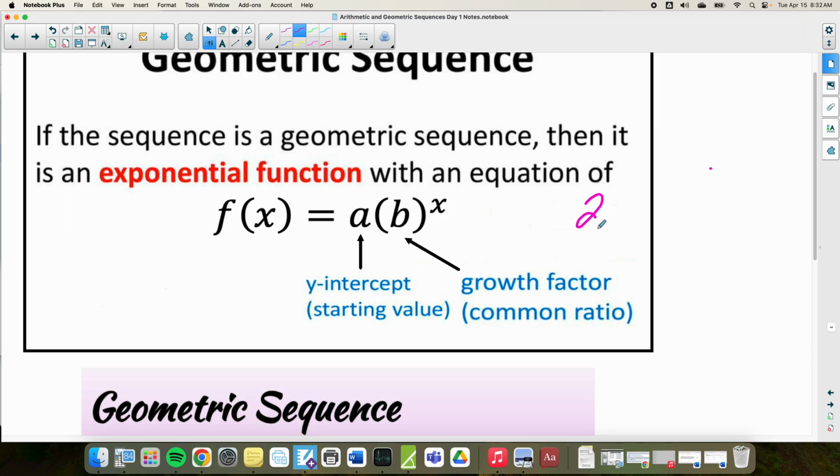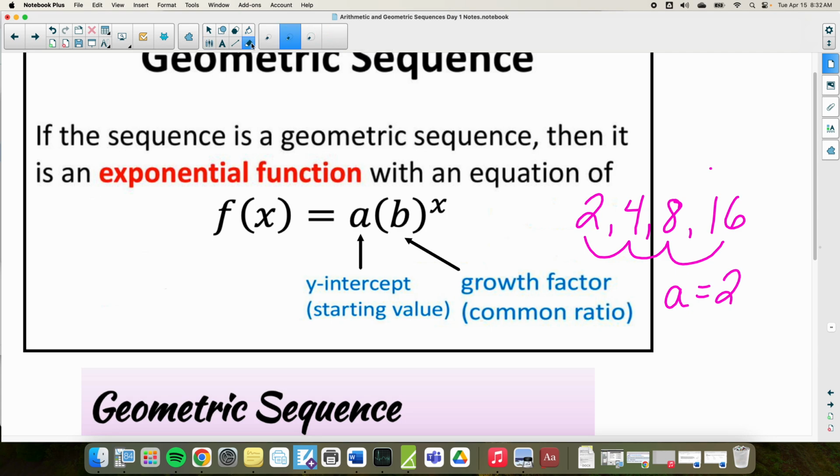Let's say that it was 2, 4, 8, 16. Each time I'm multiplying by 2, okay? So my A would be 2. And then B is, oh, nope, I got that wrong. It is 2, but A is where you start. So the reason it's 2 is because that's where you start.